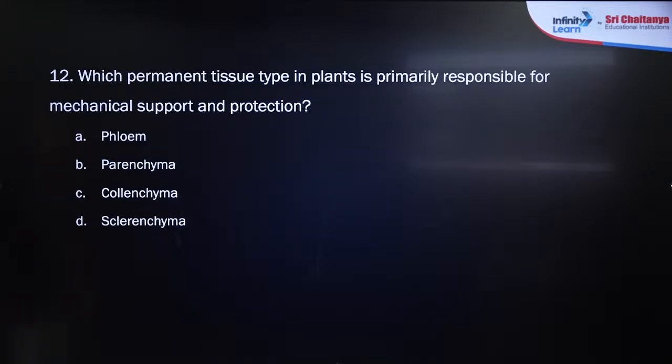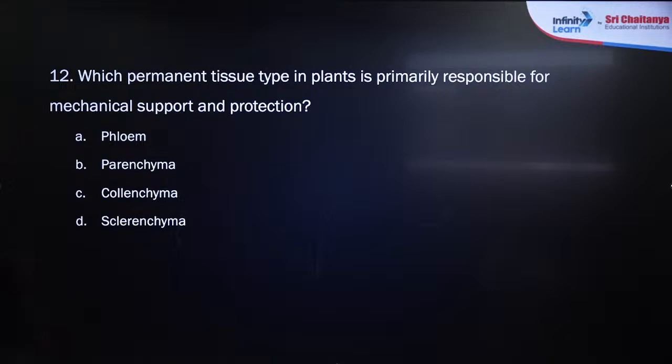Which permanent tissue type in plants is primarily responsible for mechanical support and protection? In one of the students' questions, I was explaining something, so I explained this thing as well. Which permanent tissue present in plants is primarily responsible for mechanical support and protection?